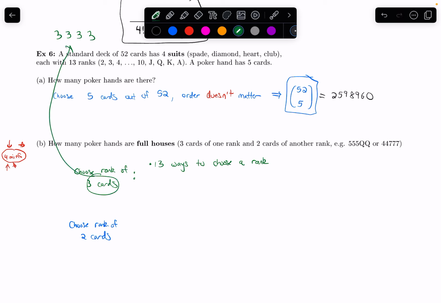So I've got to pick 3 of those 4. How many ways are there to do that? The order in which I pick those 3 of them doesn't matter, so I would be doing 4 choose 3. I use combinations. There are 4 choose 3 ways to choose their suits, because there are 4 total suits and I'm picking 3 of them. In other words, I'm picking 3 out of these 4 cards.